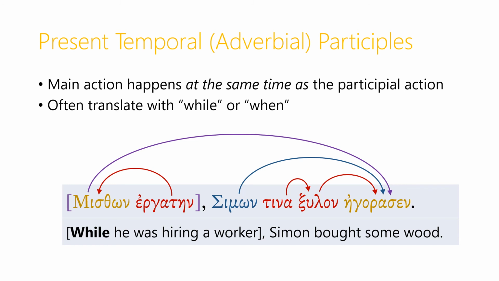So the main action is buying. Simon tinaxulon egorasen. Simon bought some wood. And then the participial clause describes action that took place at the same time. When did Simon buy some wood? While he was hiring a worker. Misthon ergatein.